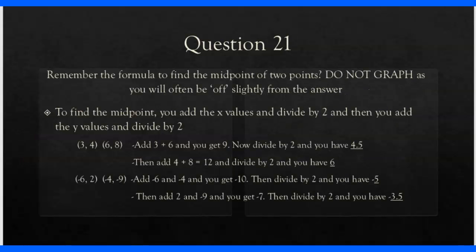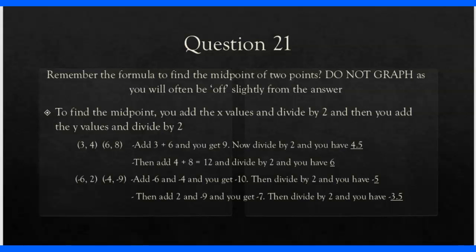All right, question 21. This one stumped quite a few people, and also some people did not add and subtract correctly. So to find the midpoints, when you have 2 points on a graph, some of you did graph it, and some of you who graphed accurately did find the correct midpoints.